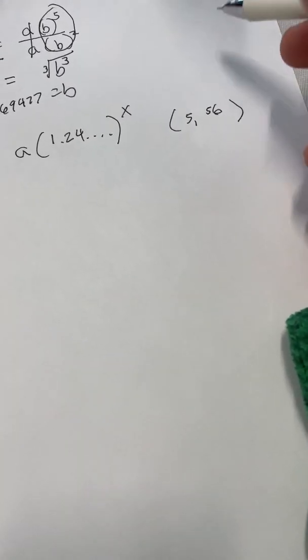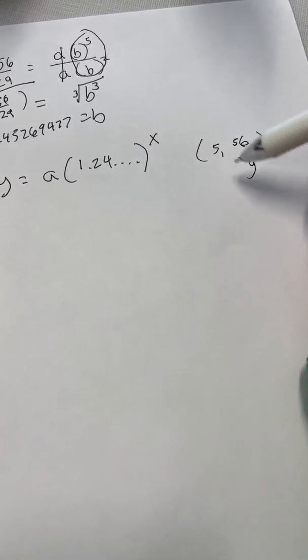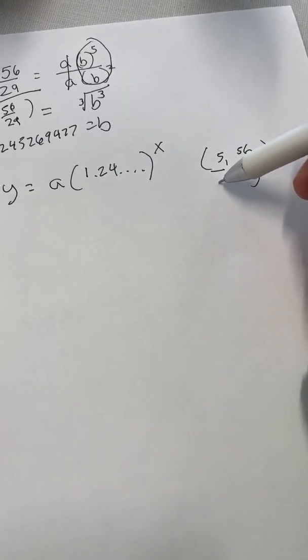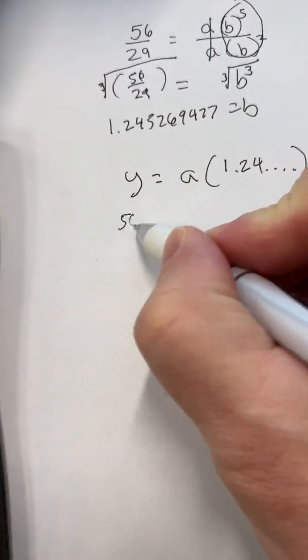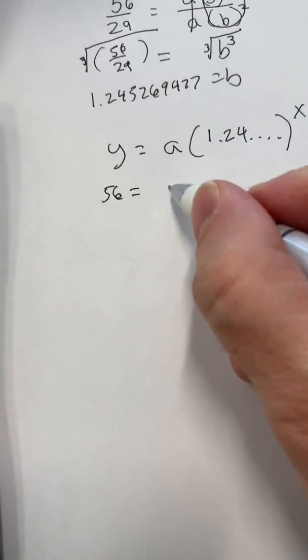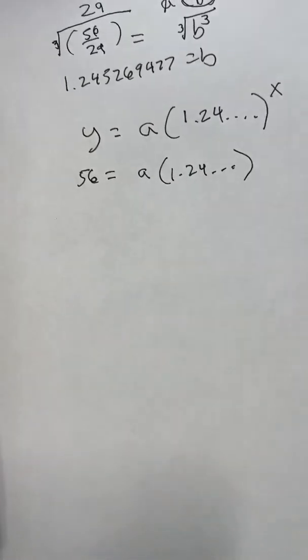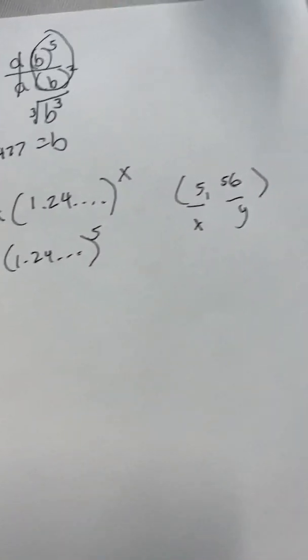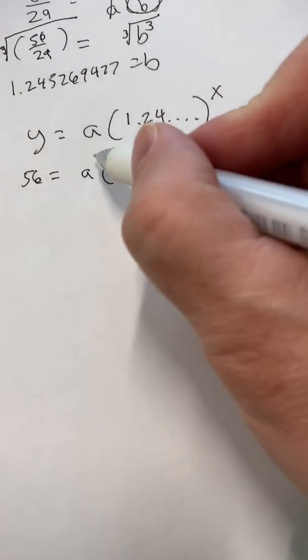So now, if I want to find this a, I'll take this 56 and put it in for y, and I'll take this 5 and put it in for x. So now I'm going to come over here and I'm going to do 56 equals, I don't know what my a is, but I got this whole 1.24 thing to the 5th, because that's my ordered pair, x and y. So now my mission is to find a.